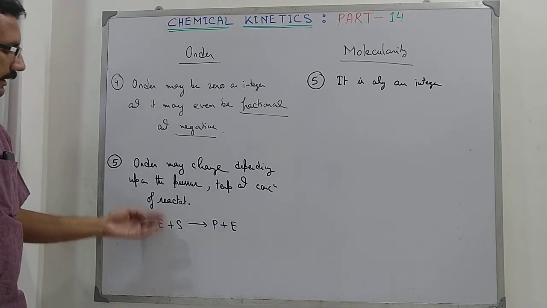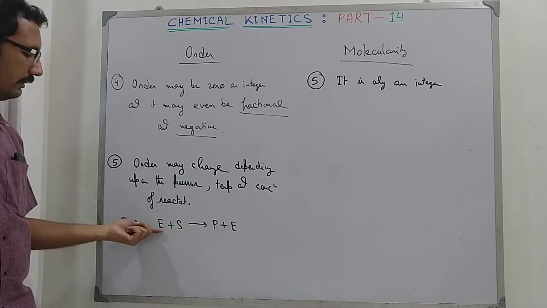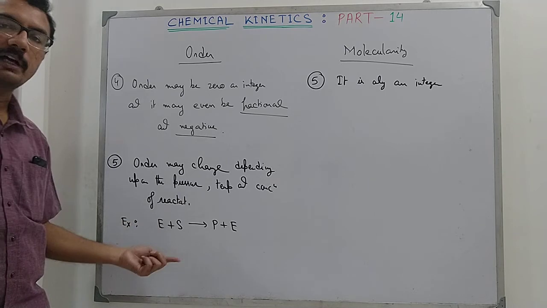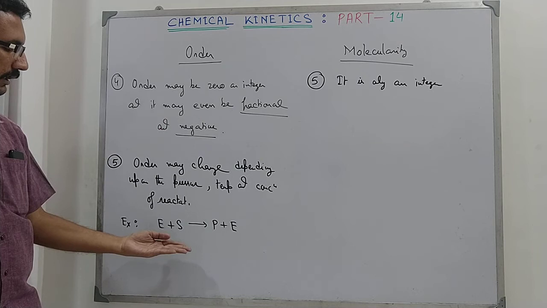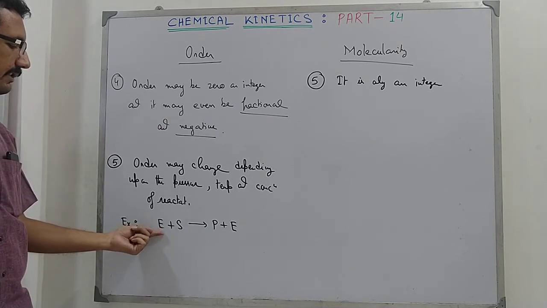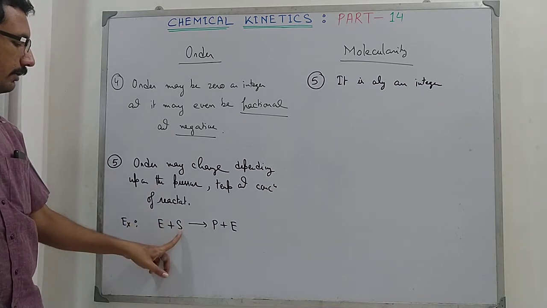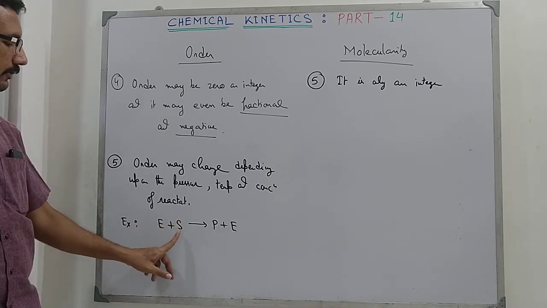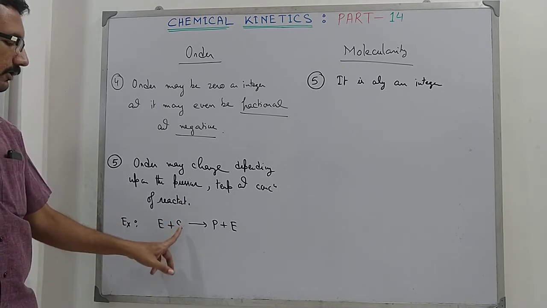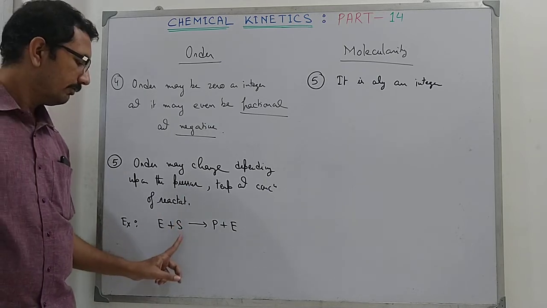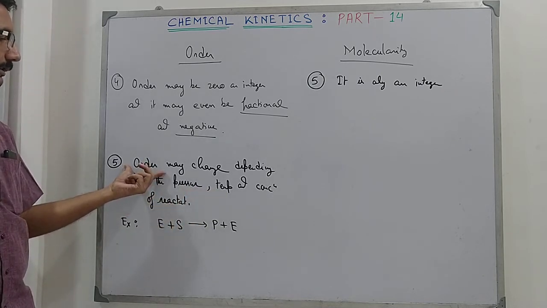At this point the order of the reaction with respect to substrate will be 0, since all the pockets of the enzyme are occupied. But when the concentration of substrate falls, then not all the pockets of enzyme molecules will be occupied, and the reaction will be first order with respect to substrate. So when the concentration of substrate is very high, it is zero order with respect to substrate, and when the concentration is low, it will be first order. So the concentration of the reactants may control the order.